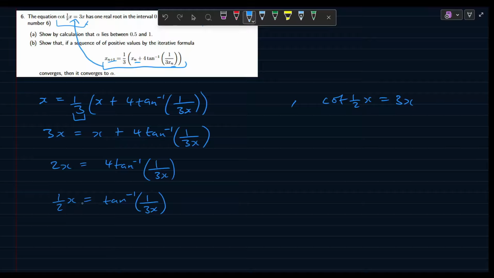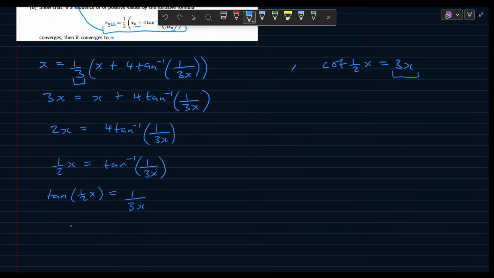And let's apply tan to both sides. So this becomes tan of x over 2 equals, the tan will cancel out the arctan, so equal to 1 over 3x. And our goal is to make 3x subject of the formula. So this becomes 3x equals 1 over tan of x over 2.